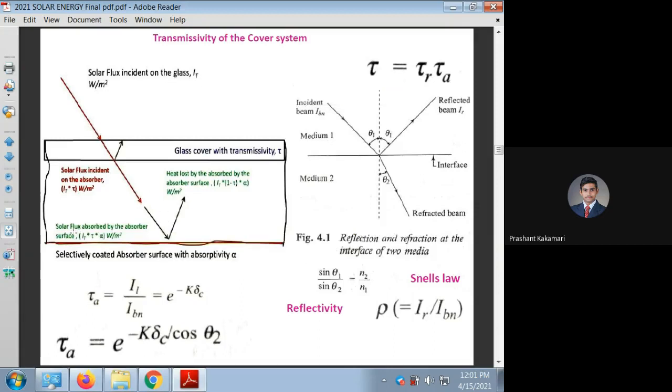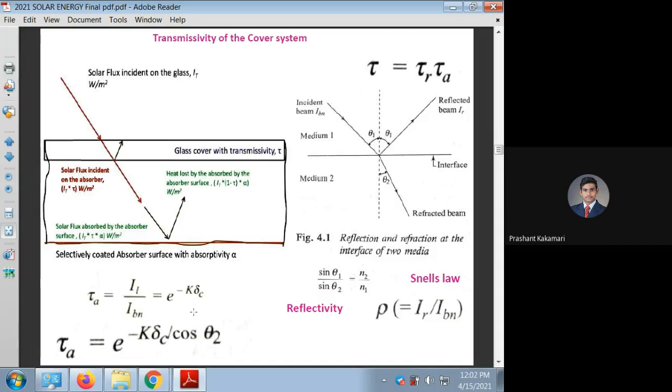In the denominator, I can consider the total incident radiation IB. So that ratio will give us the transmissivity due to absorption. Is that clear? Similarly, I can write it using Snell's law, other than taking this ratio.